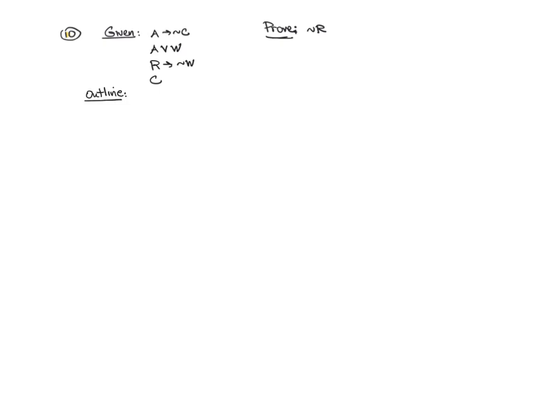So the outline. We want not R. And we have if R then not W. To get not R into the picture, we can find the contrapositive of this, which would be if the negation of W, then not R, which is logically equivalent to if W then not R. Okay, so at least we have a not R this way.